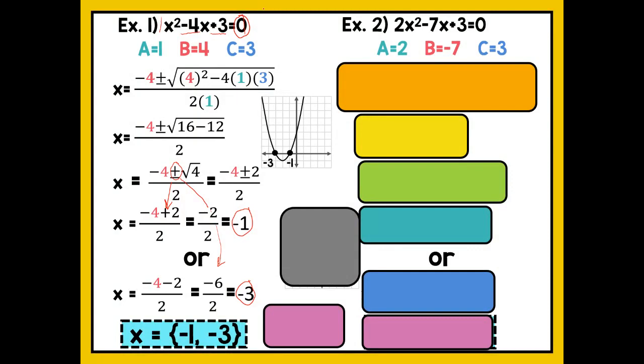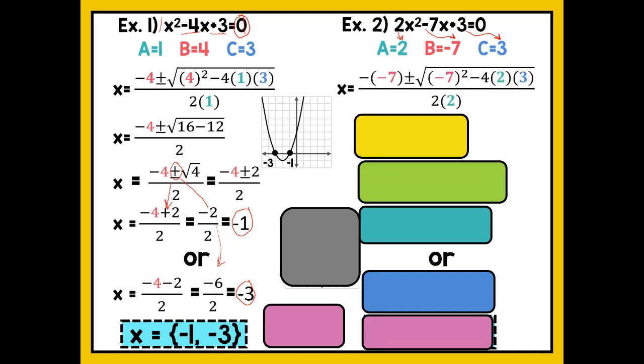We find our a, b, and c first. We can see that the a is 2, the b is -7, and our c value is 3. Now we'll plug those in to the quadratic formula. It's magic, right? Look at that. Now be careful.